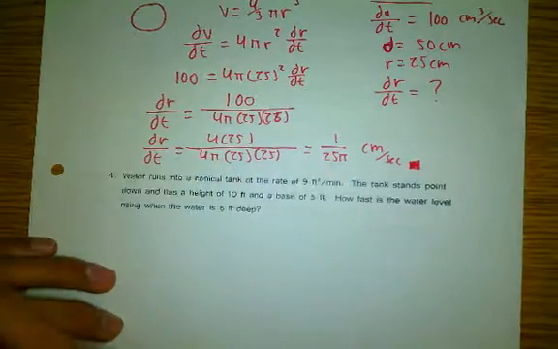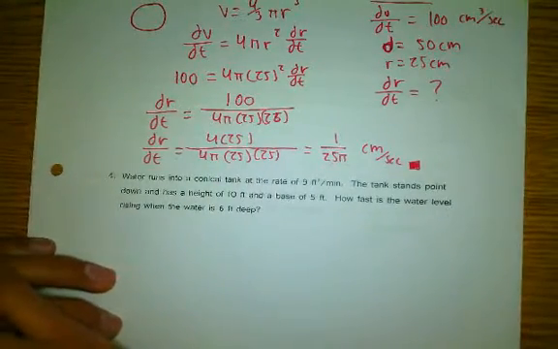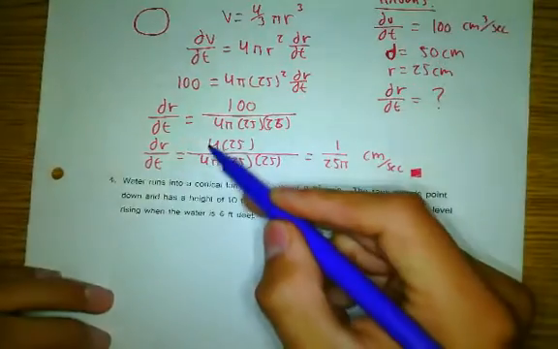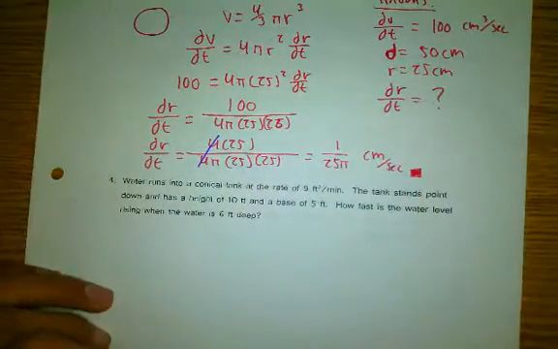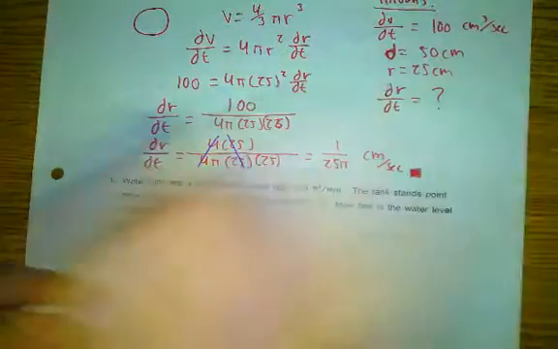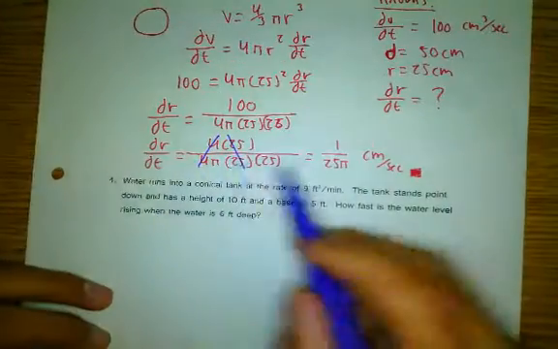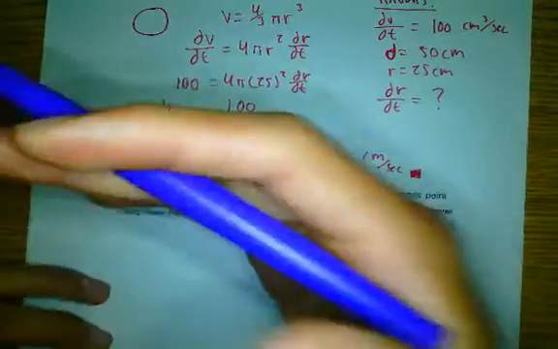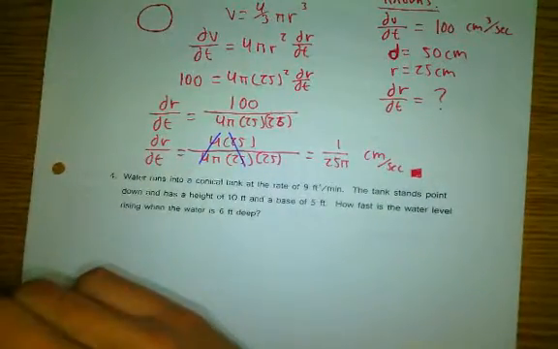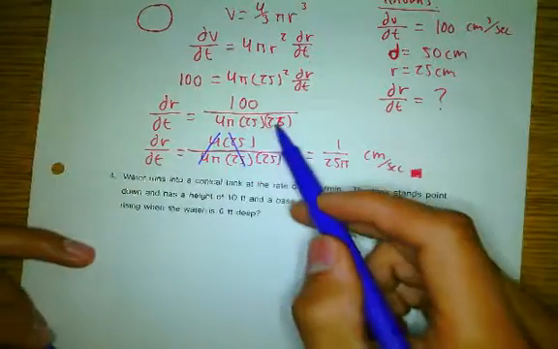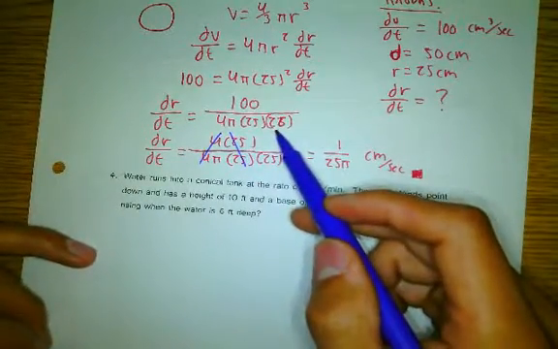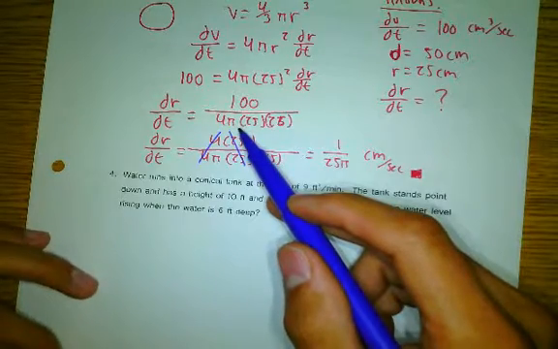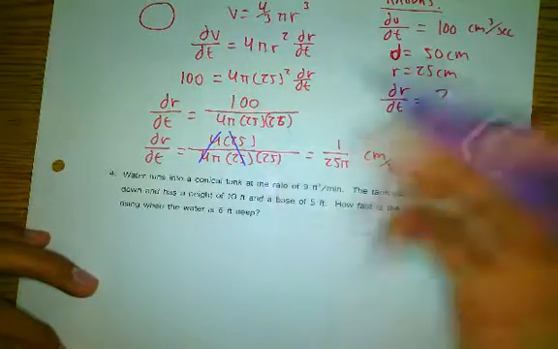And the reason why I did that is because then at that point you can say bye-bye 4s and bye-bye 25s, leaving you with 1 over 25 pi. Which, if you did all the algebra, you would still get the same thing. Like, if you actually did 25 squared, that's 625, times 4, 2,000 something, right? And then you're going to have to divide 100 over that. I promise you it's going to be 1 over 25 pi.